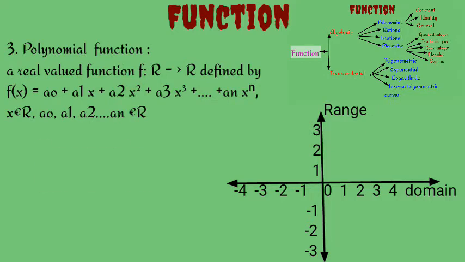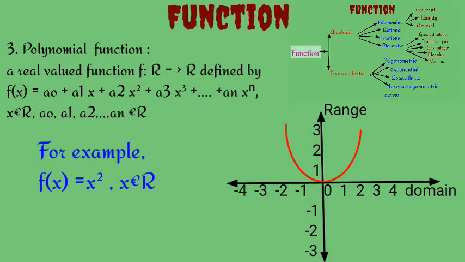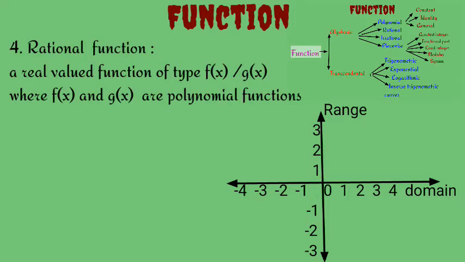If f is defined as the higher power of x with constant coefficients, then it's called the general polynomial function. For example, f of x equals x square or f of x equals x cube is a polynomial function. Next, rational functions are functions of type f of x by g of x, where f of x and g of x are separate functions.